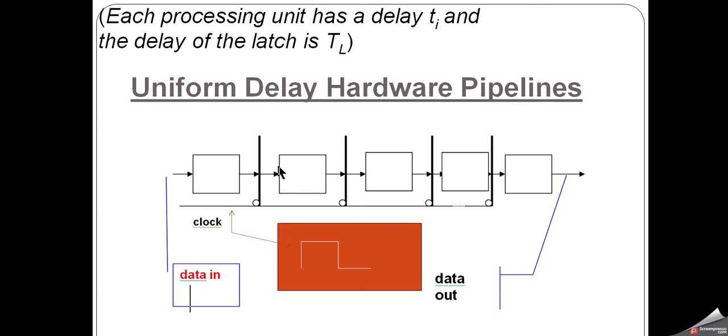At the same time that the rising edge appears at this memory element, it's also arriving at this memory element, which in turn allows data that's just been processed by hardware element number 2 to be temporarily captured and made available to this hardware element number 3, and so on.